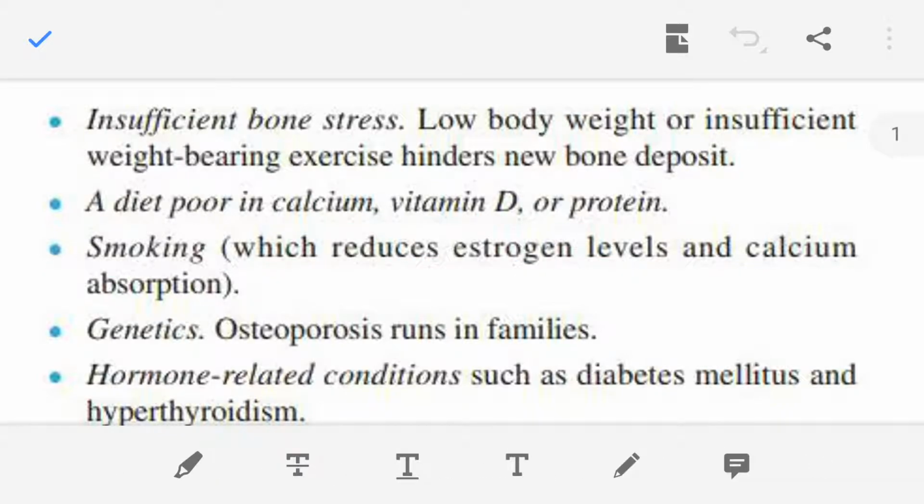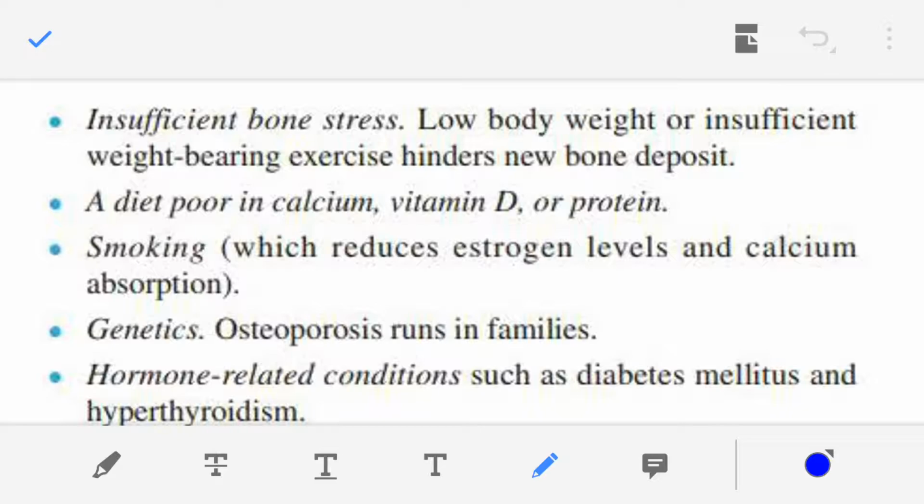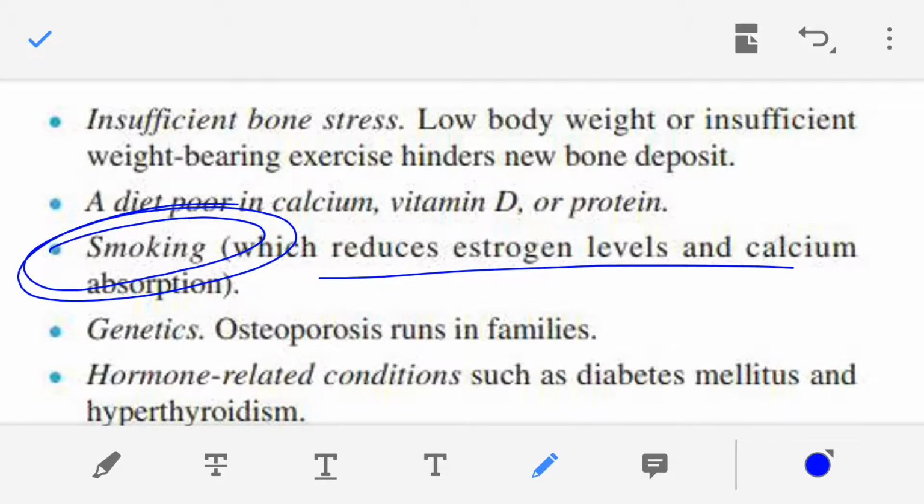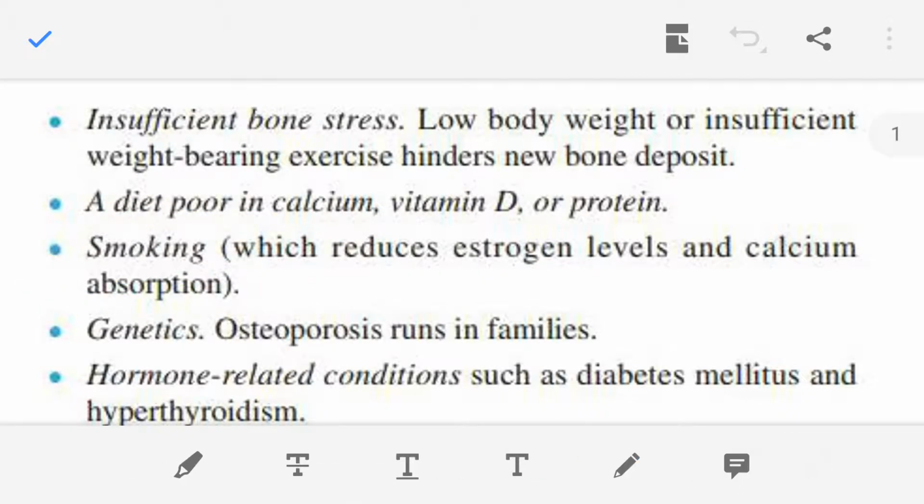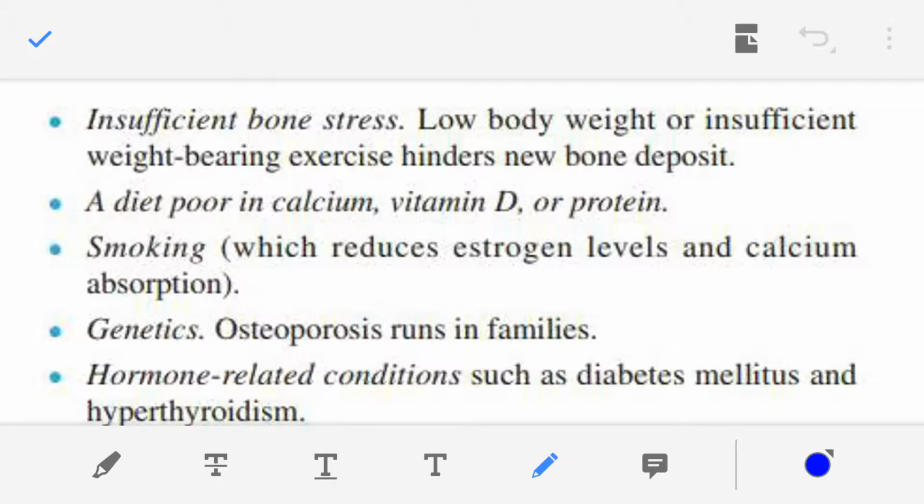So to avoid osteoporosis, women and girls are advised to keep themselves away from smoking. And it is not just me telling this, it is written in the biology reference book, that smoking should be avoided to prevent osteoporosis.